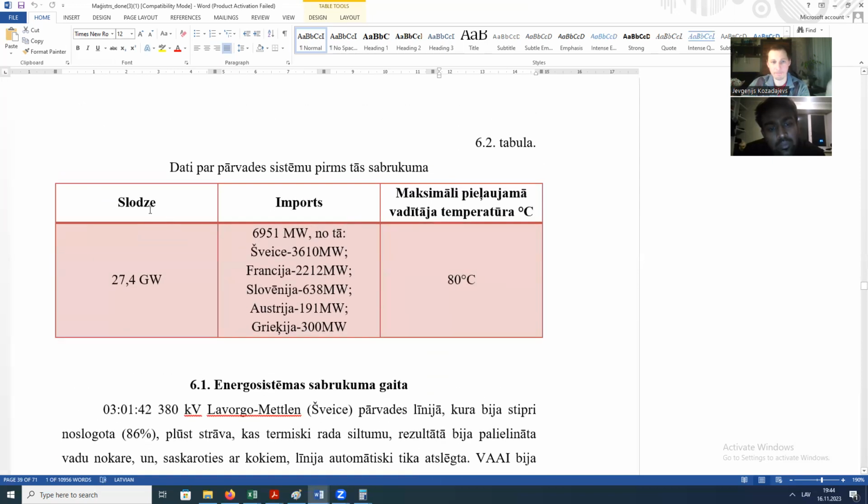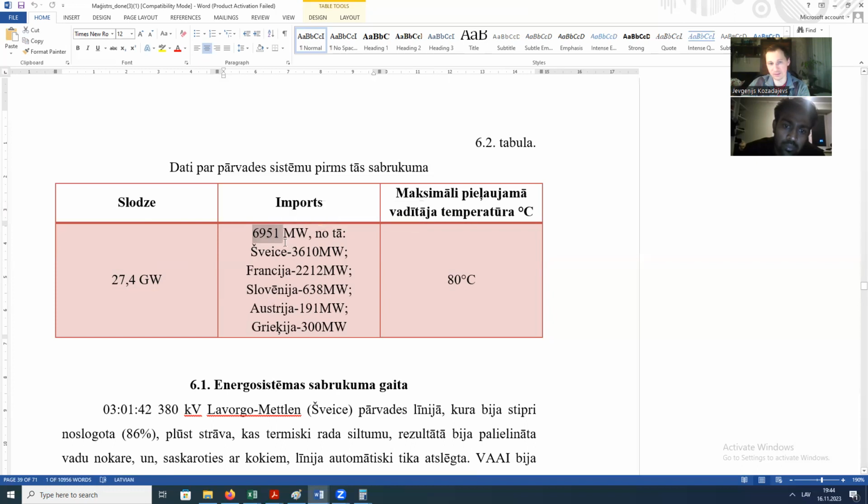And what about the consumption and the import? Here you could see the total demand, the total consumption of the Italian power system. It is 27.4 gigawatts. But as I said, it is a deficit power system, and at the time of the blackout, its deficit was about 7,000 megawatts.